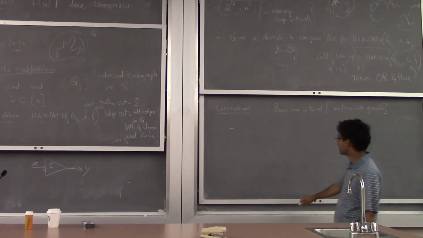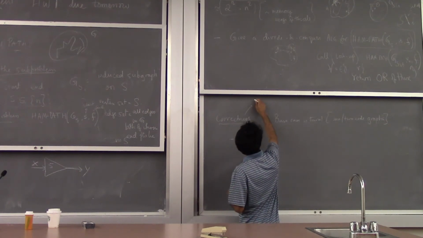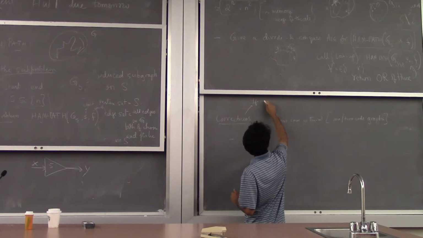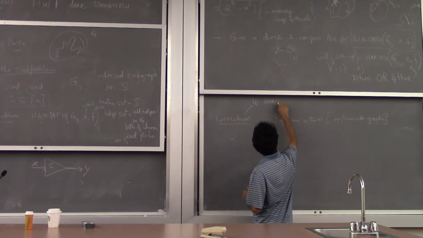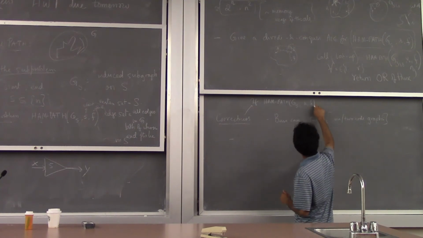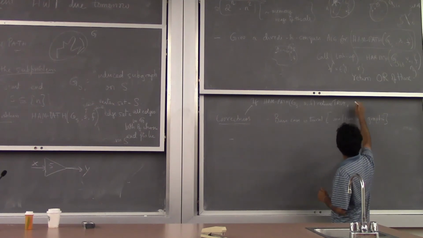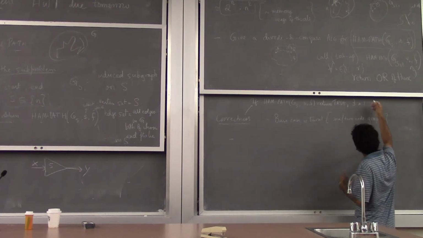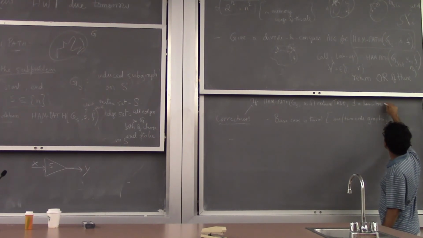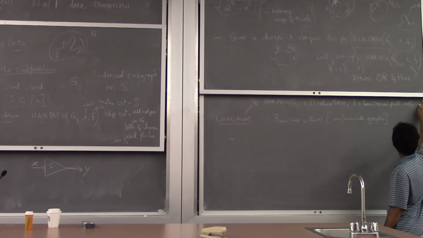What I mean by correctness is that if the call on G sub S minus s, with finish F, returns true, there is a real Hamiltonian path, and vice versa.